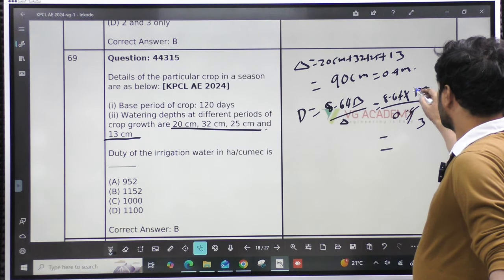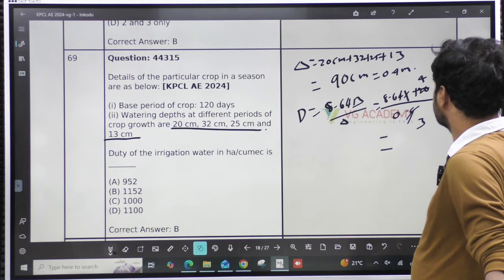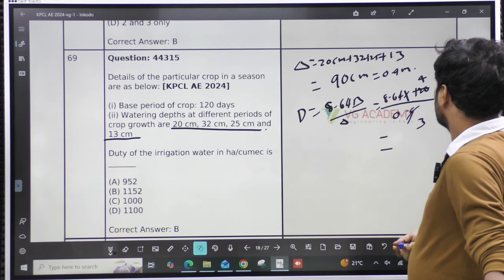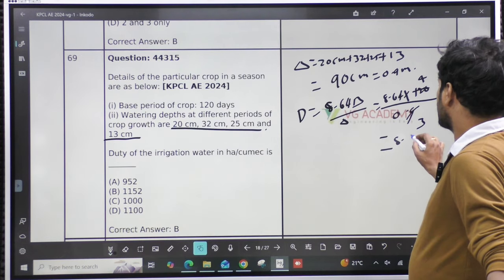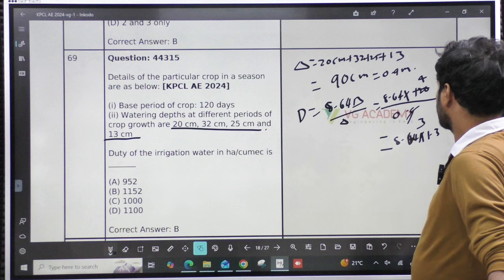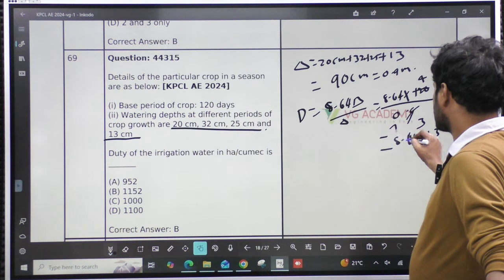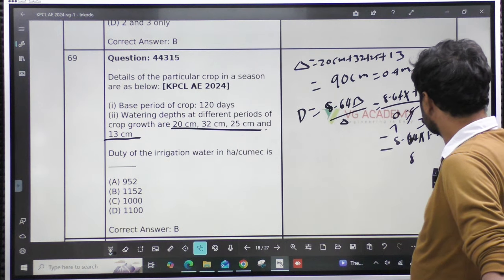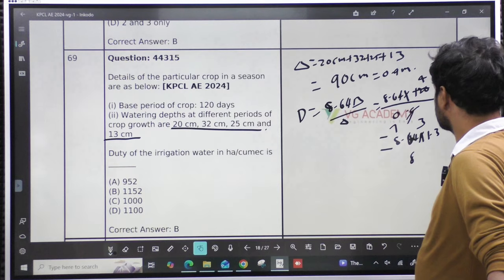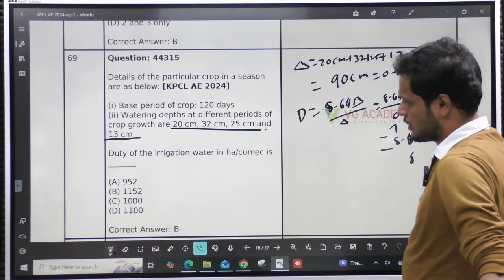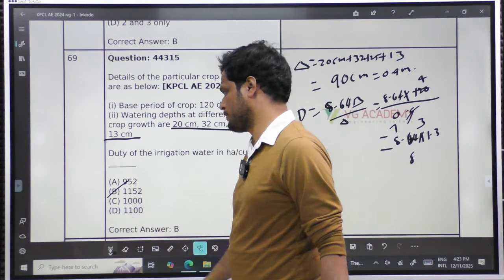Three threes, 3 fours, 4 by 3 means 1.33. 8.64 into 1.33, 13 sixes are 78, what is 13 eighths? 104 plus 7, okay, approximately coming 115.